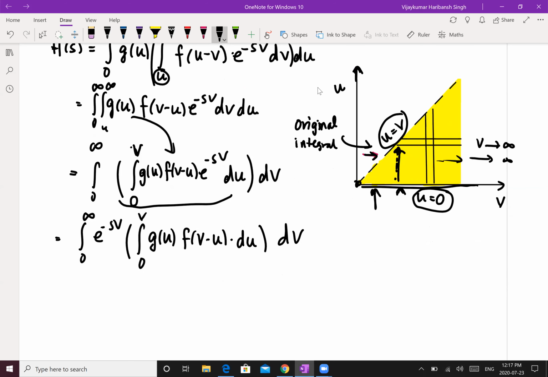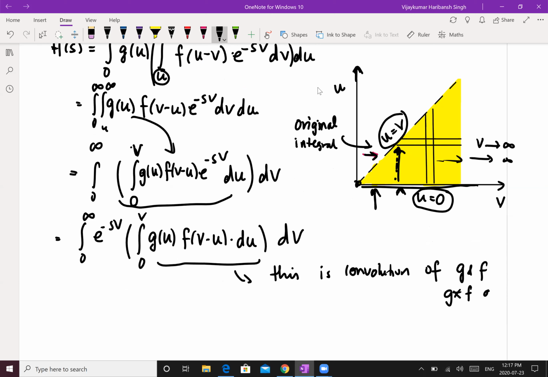Now, if we recognize this, it is a convolution of g and f. That is, it is g star f or f star g, whatever you want to write. They are commutative, it's the same, right? So now I'm going to replace this. This becomes 0 to infinity e to the power minus sv f star g of v dv.